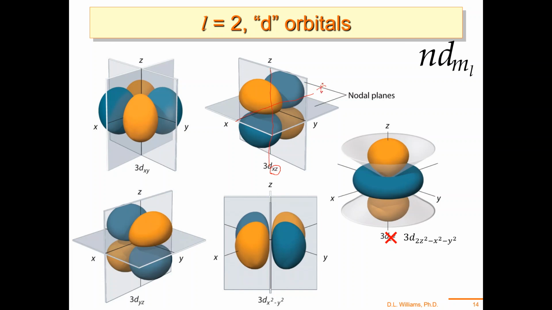And so we have positive x over here, positive z up, negative x, and negative z down here. Positive x times positive z, so this is positive. And then here we have positive z times negative x, so that's negative. And then down here we have negative x times negative z, so that's positive. And over here we have positive x times negative z, so that's negative. So you see that shading is that function of x times z.